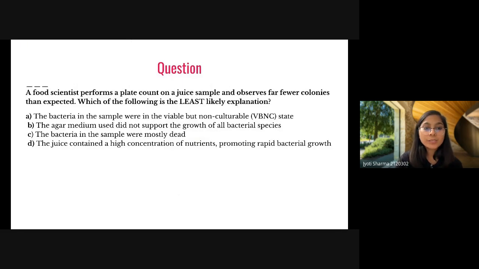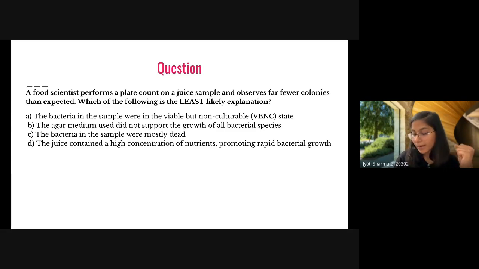The next question is: a food scientist performs a plate count on a juice sample and observes far fewer colonies than expected. Which of the following is the least likely explanation? So again, we are observing very few colonies on the juice sample, and you have to tell me the least likely explanation.